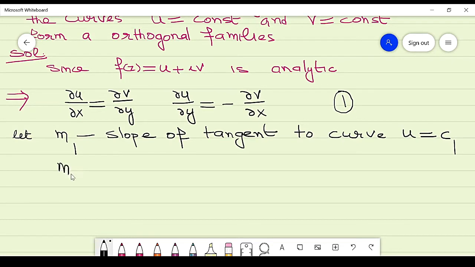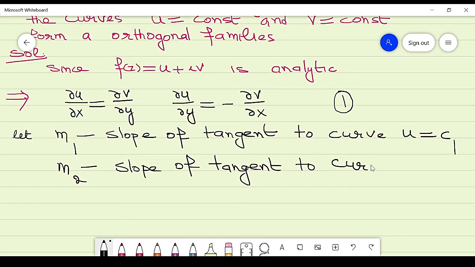Similarly, m2 is the slope of the tangent to the curve v equal to c2.